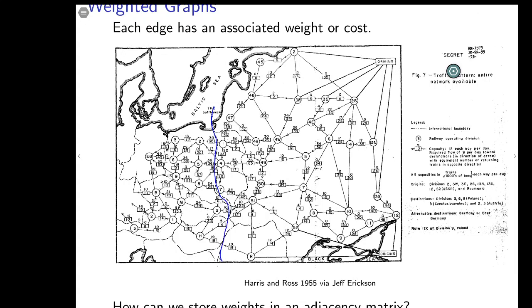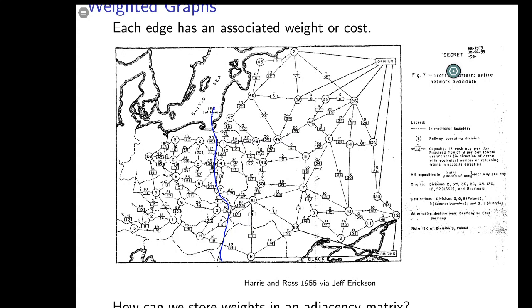Those are the ones that they would bomb. It was optimal bombing, meaning they figured out the fewest number of bombs to drop to cut the supplies from the east to the west. It's a network flow problem that you'll learn about in 420, if you take 420. But it's kind of creepy, actually.